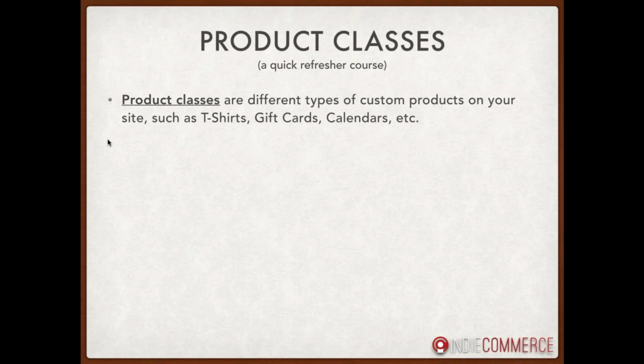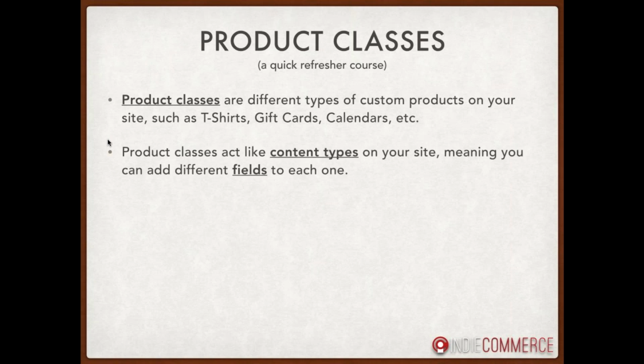When we talk about product classes, we are talking about different types of custom products on your website. For example, that might be t-shirts or gift cards or calendars. Any unique kind of line of product your store sells is probably a good candidate for its own product class. Product classes also act like content types on your site, and that means you can add different fields to each of them.